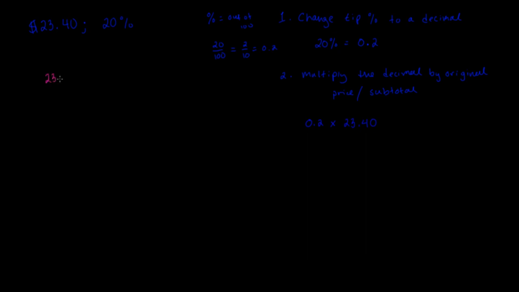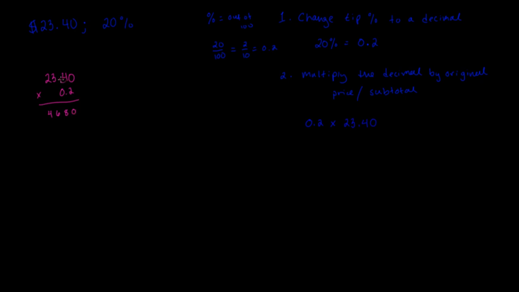Okay, and we can set that up over here like this. We'll take 23.40, and because we're multiplying, we don't have to worry about where the decimal point lines up. We just have to worry about how many we have left over. So we'll ignore that for now. We'll just place it like this and multiply through. So I've got 2 times 0, which gives me 0. 2 times 4, which gives me 8. 2 times 3, which gives me 6. 2 times 2, which gives me 4. And I could add the 0 in, but it's just going to give me all zeros anyway, so I don't need to do that.